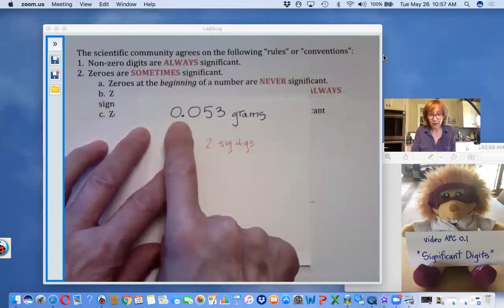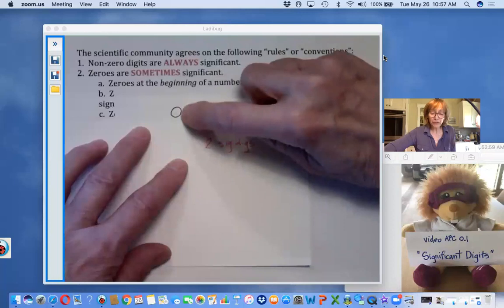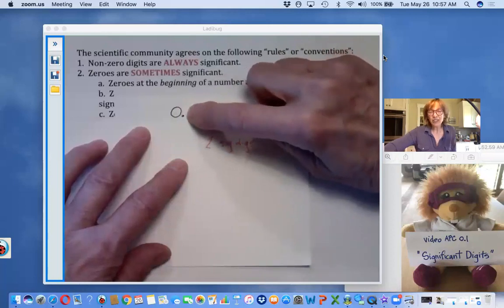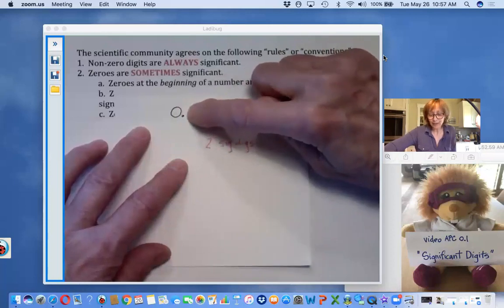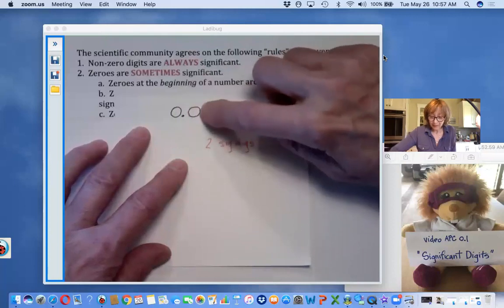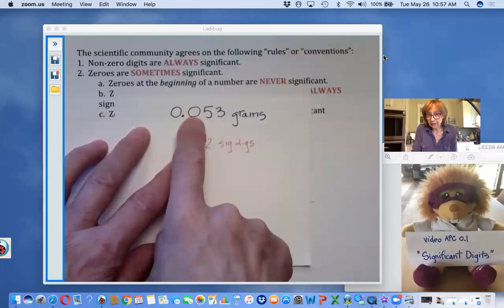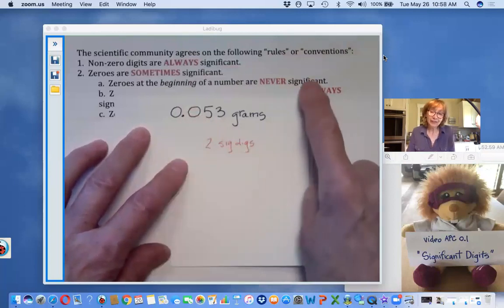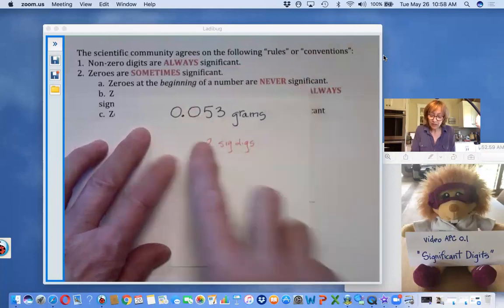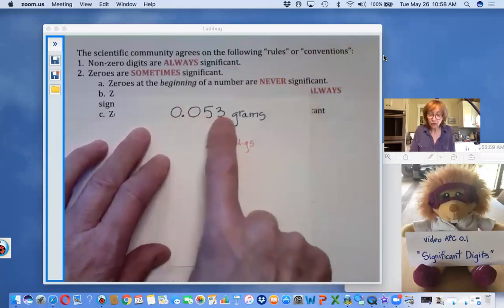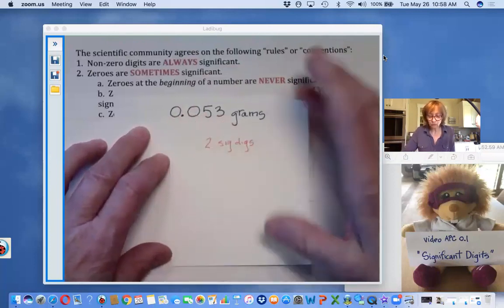They absolutely are important. This very first 0 is helpful. It just helps us see the decimal point there. And then this one is a placeholder. It's telling us we have 0 tenths. You can't leave it out. It's very important. It just doesn't count as a significant digit.